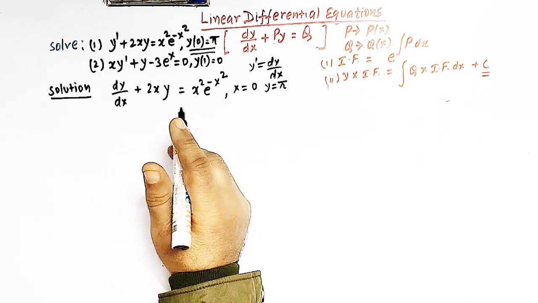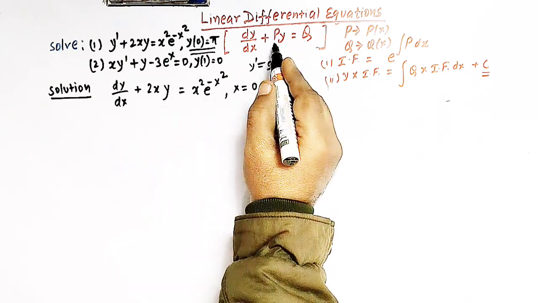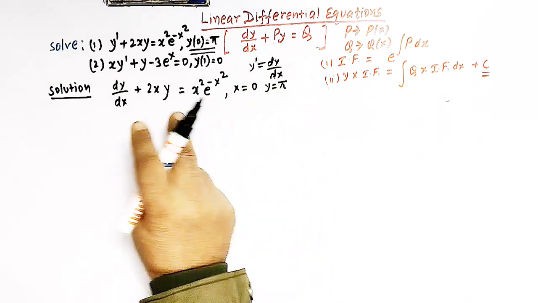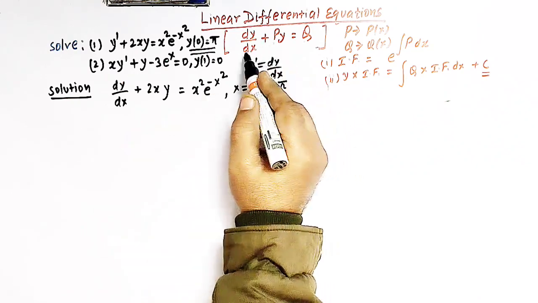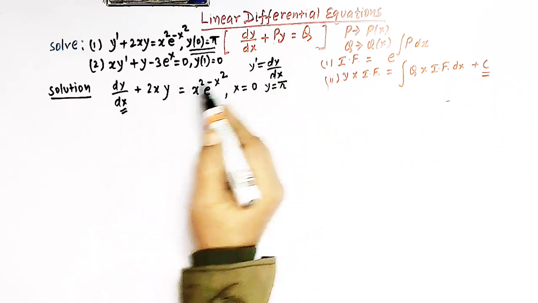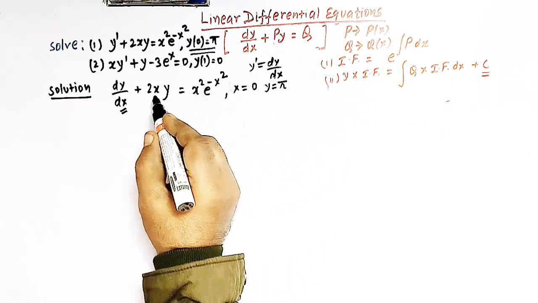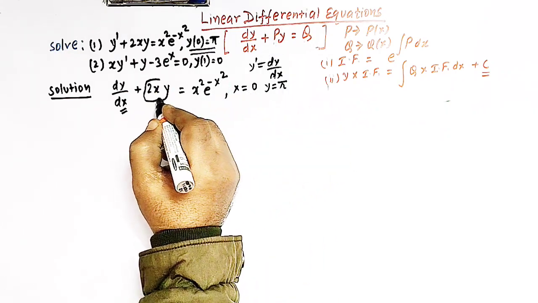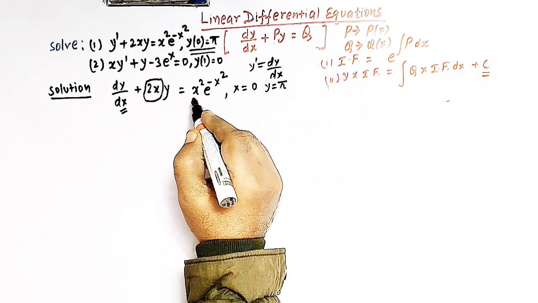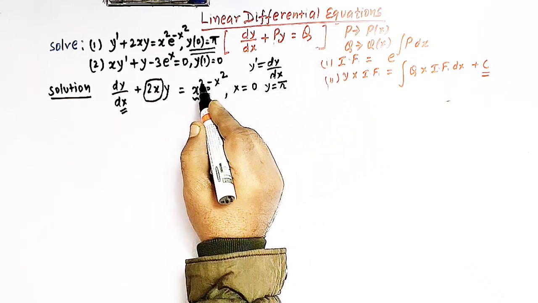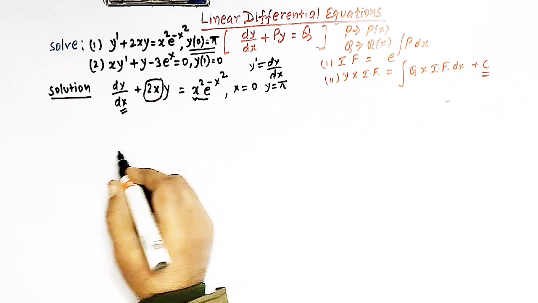So now if we look at this equation, then we can see that this equation is already given in this form, right? So here we have dy over dx, then we have py. So here the value of p is 2x, and then we have q, and the value of q is x square e raised to minus x square.